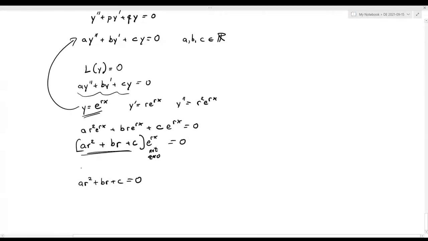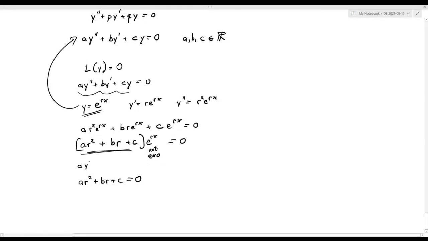Notice that we started off with a differential equation where you have a times y double prime plus b times y prime plus c times y equals 0. And so the characteristic equation is just a polynomial in this R, and it's analogous to the differential equation.